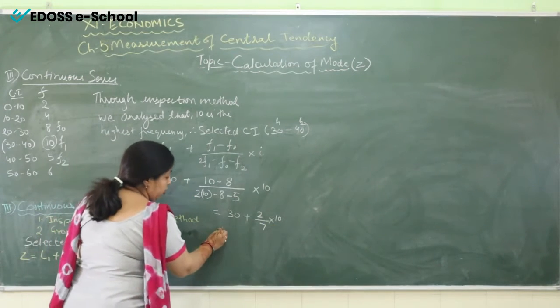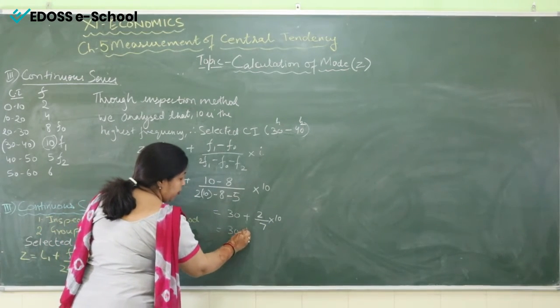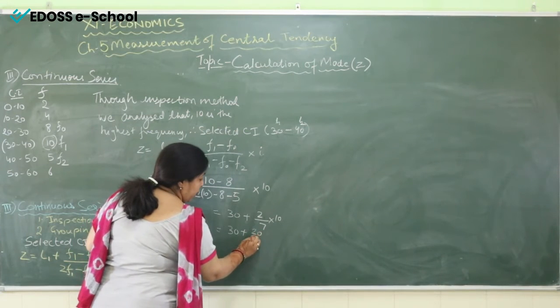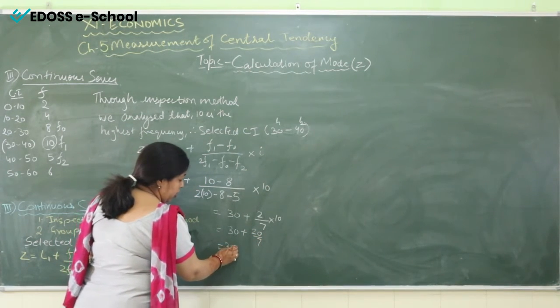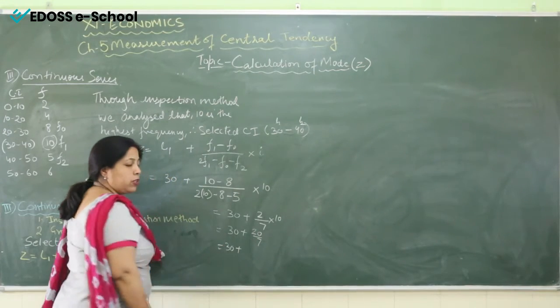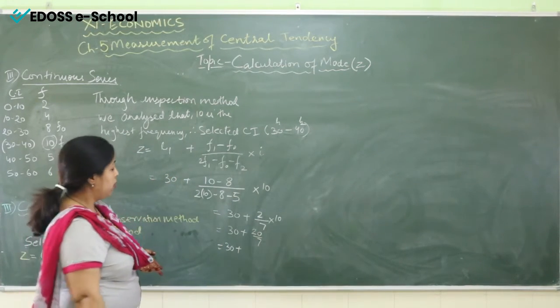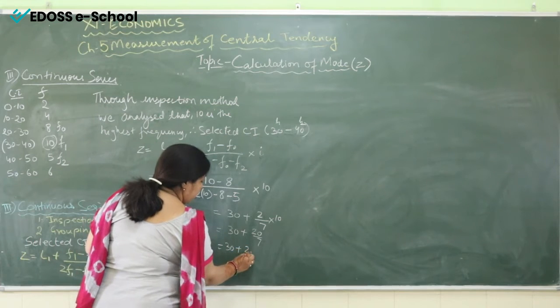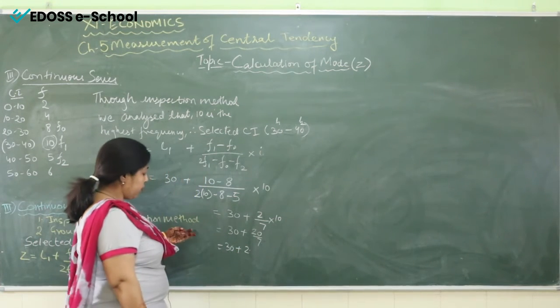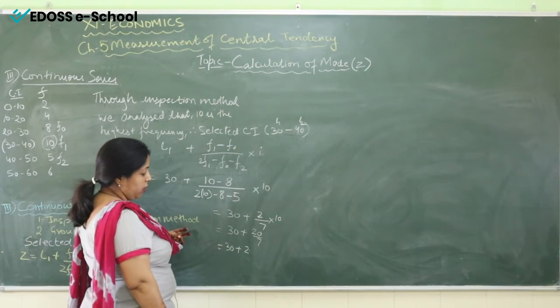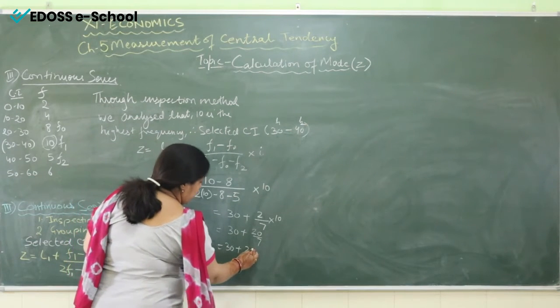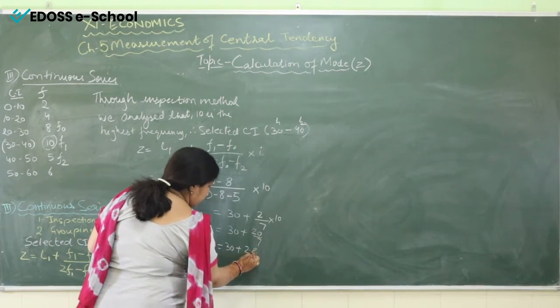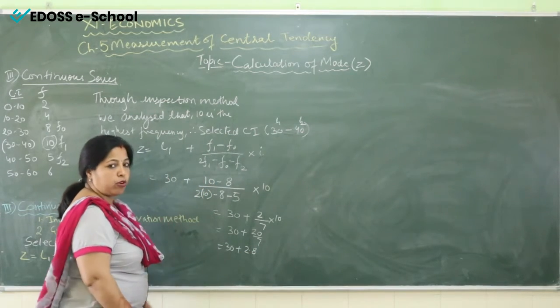Fine. So 30 plus 20 upon 7, and now 20 upon 7 we are going to divide. 7 twos are 14, 15, 16, 17, 18, 19, 20, that is 60. 7 eights are 56. It is approximately 2.8 coming.